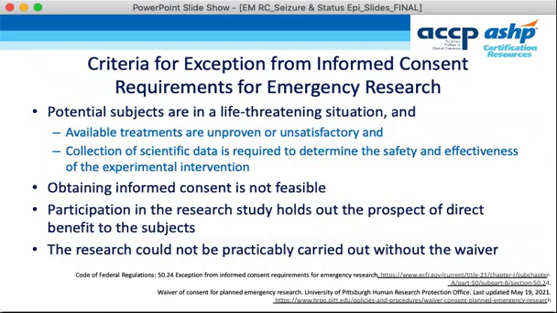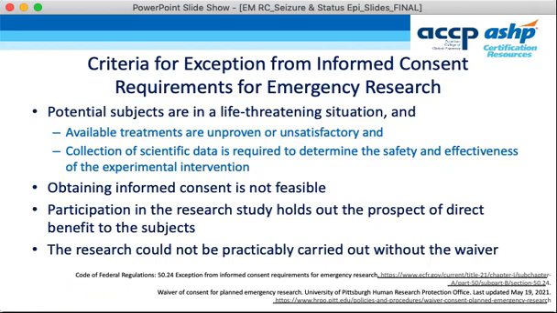Potential subjects, so who meets criteria for exception from informed consent? Potential subjects are in a life-threatening situation and available treatments are unproven or unsatisfactory. And collection of scientific data is required to determine the safety and effectiveness of the experimental intervention. Obtaining informed consent is not feasible.